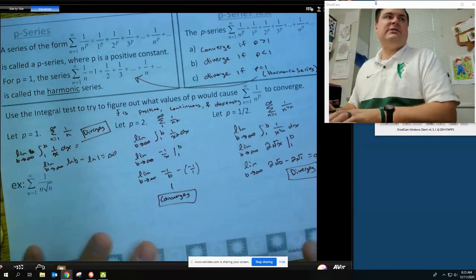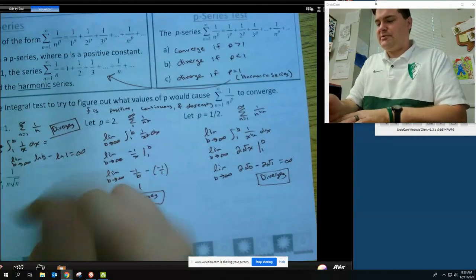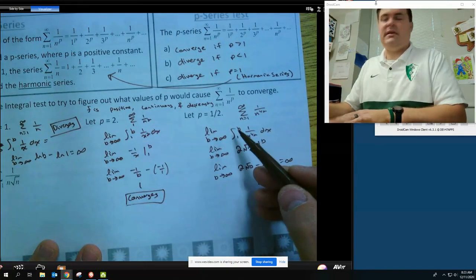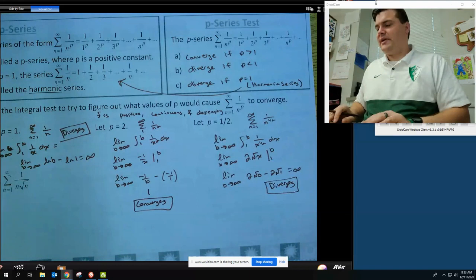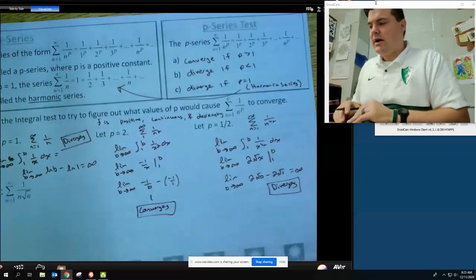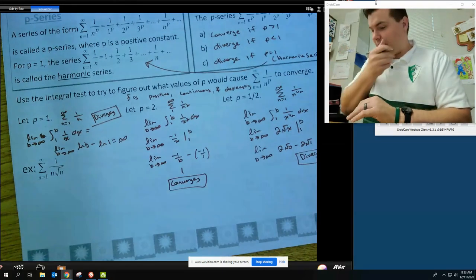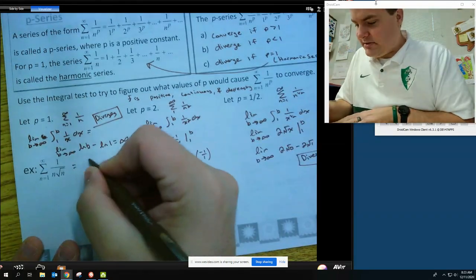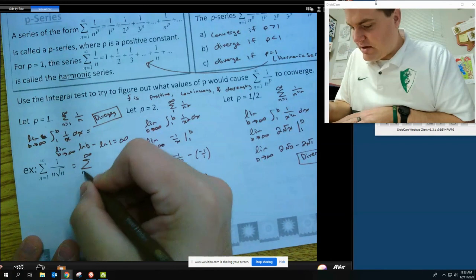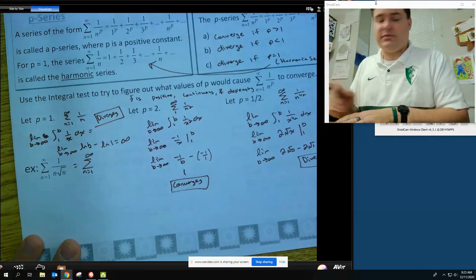Okay, so these 3 examples were just me proving, so this is part C, part A, and then part B from up here, that the p-series does work this way. So you don't need to show this work every single time for a p-series. For this one right here, I would just rewrite this as the sum from n equals 1 out to infinity.